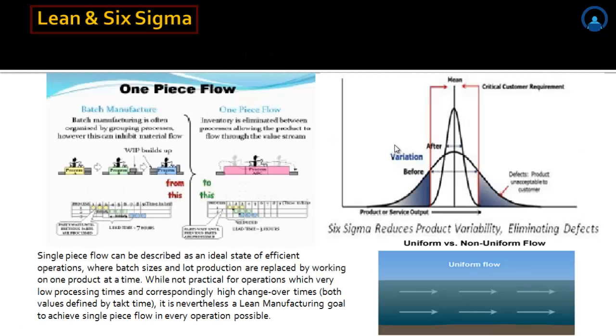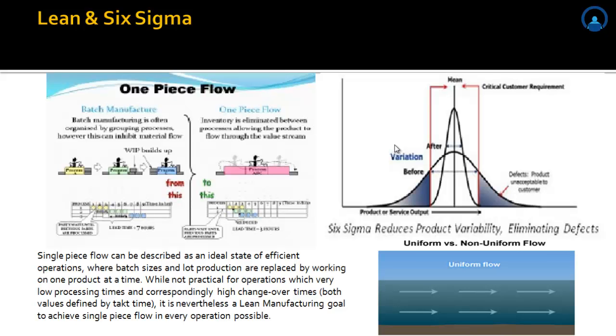So Lean and Six Sigma. The first thing that comes into Lean is one-piece flow. Generally, we understand manufacturing is done in multiple batches. The idea of the batch system came into existence because, from the olden days, every time you started single piece production, the setup time for subsequent processes used to be longer. So manufacturing in batches of 10 pieces, 25 pieces, a gross, or hundreds is very normal.